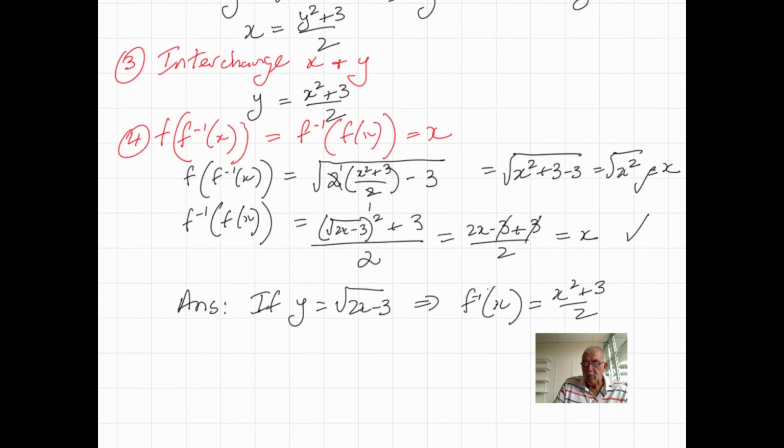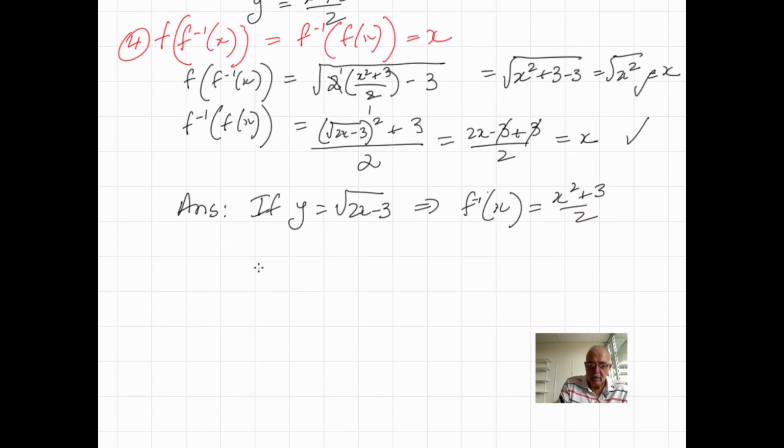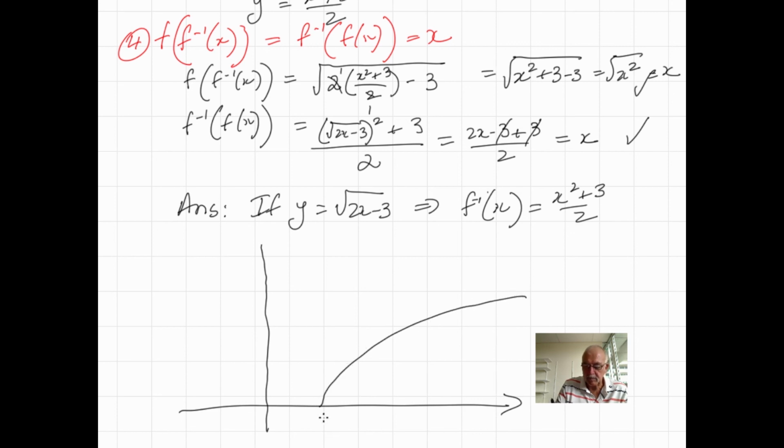Now it wasn't asked for, but it'd be interesting to have a look at how the inverse function looks compared to the original function. We've already said that y equals the square root of 2x minus 3 looks like this, and that's going to go through the point 1.5.